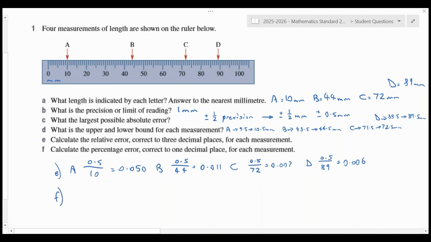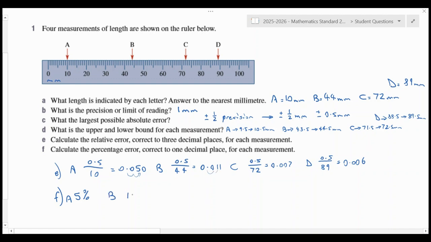Now, our percentage error is just our relative error multiplied by 100. So for these ones, I've got 0.050. If I multiply that by 100, I'm moving the decimal place 2 spots. So that would give me a 5% error for A. For B, I move the decimal place 2 spots again.